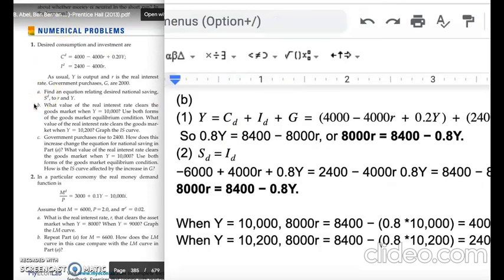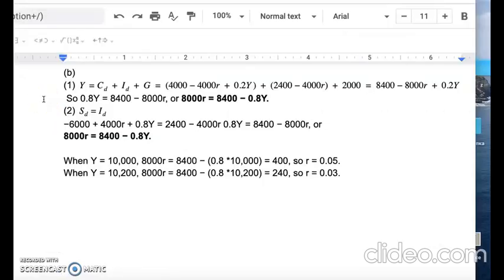For sub-question B, we will have to use both forms of the goods market equilibrium condition and find the value of the real interest rate when our output is 10,000 and 10,200, and we should graph the IS curve. As you can see on the screen, first we use the first condition of the goods market equilibrium, and in the second option you can see the second condition.